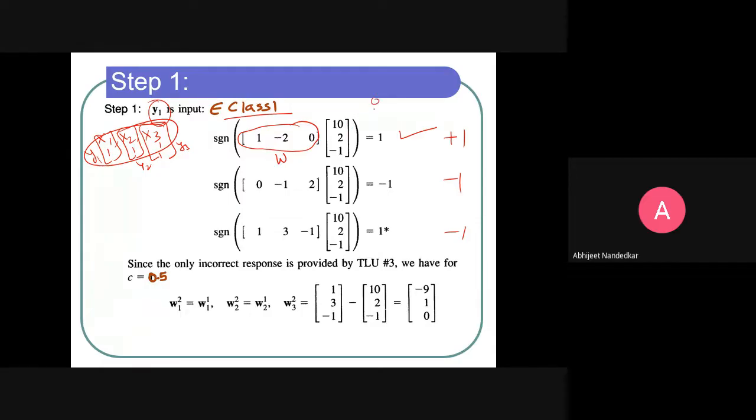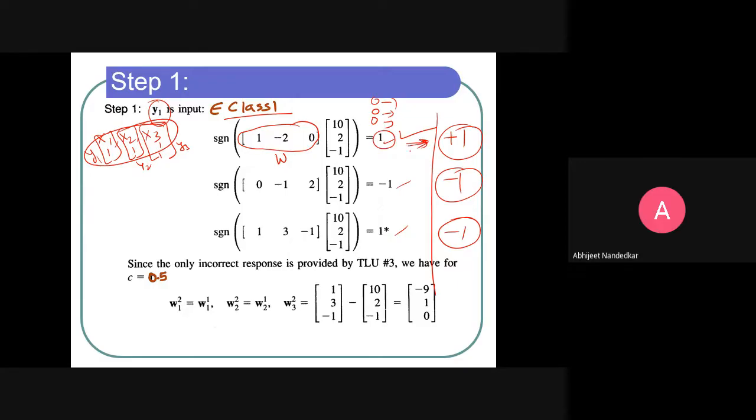There are 3 neurons, so we calculate the output for each of them, and the output is +1, -1, +1. But since my y1, that is the input, belongs to class 1, I want +1 here, and all the others are actually -1.